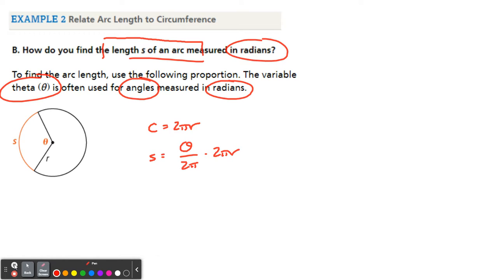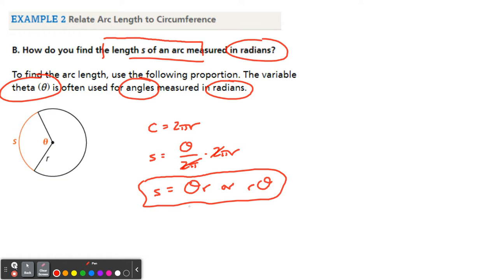But the 2 pi's here and here are going to cancel, right? This 2 pi will go up top, it's going to cancel. So the arc length is theta times r, or r theta, whatever you want to do. The angle in radians times the radius, that's all. So this again is your arc length, and this is when it's measured in radians.